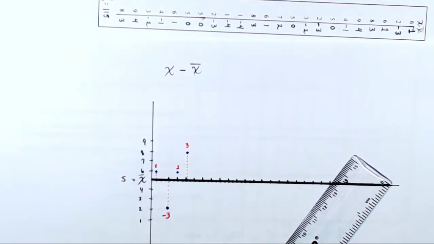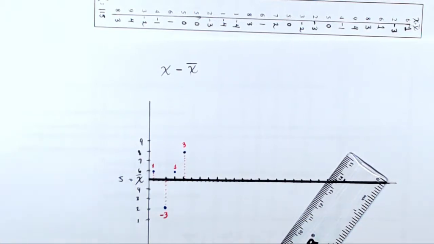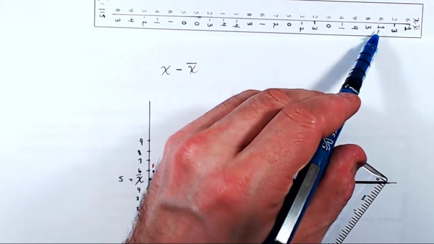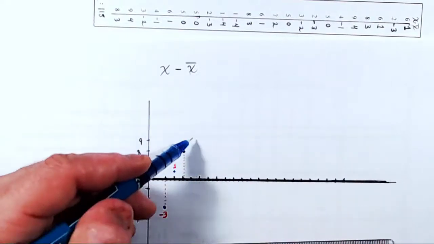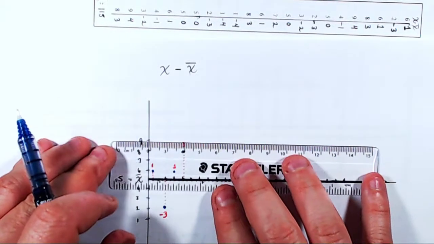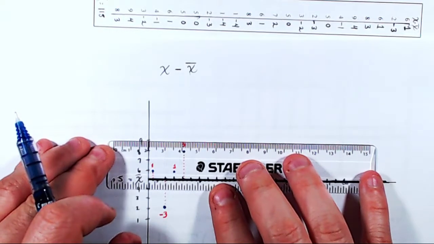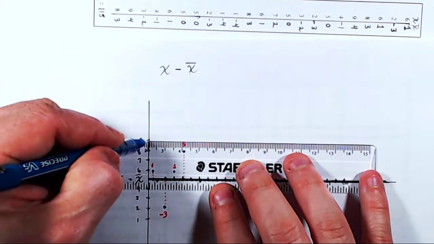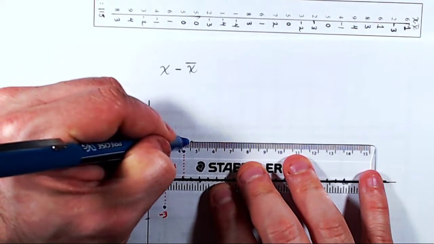Okay, I'll do a couple more of these and then move on because I think you understand what's going on. What's my next value in the sequence? 6, 2, 6, 8, 9. So my next value in the sequence is 9. We'll go up to 9, move over to our next placeholder.